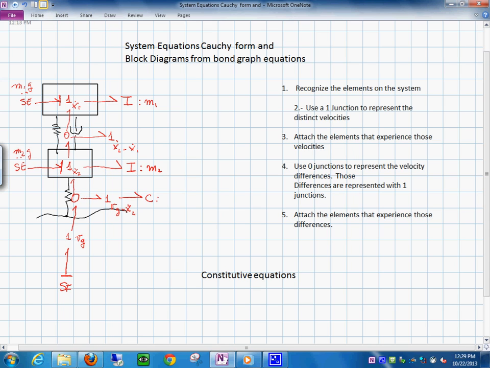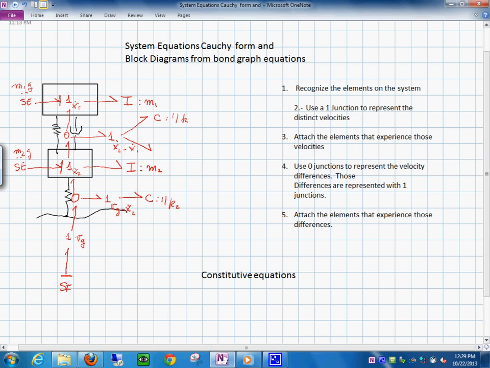So in here this would be a C element with value 1 over k sub 1. And I have also done it on top of the system. There's a one-to-one correspondence of the physical elements to the system as well as to the kinematics, completely consistent with the motion of the parts, the components of the system.